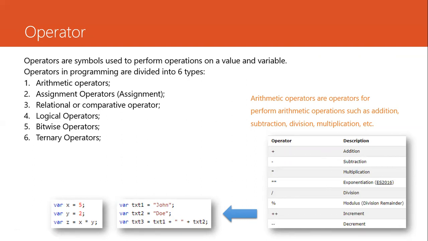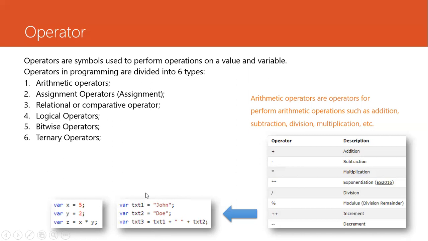As you can see here, the operators for arithmetic are addition, subtraction, multiplication, so it's for counting numbers, exponentiation, division, modulus, increment, decrement.